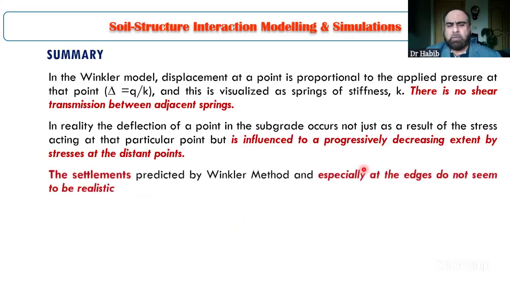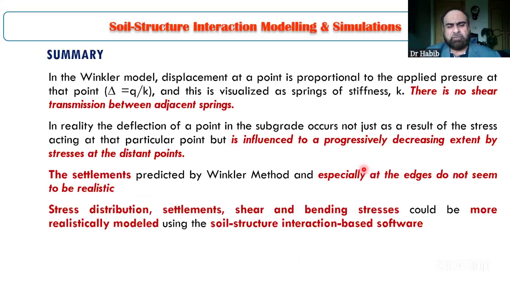The settlements usually predicted by the modulus of subgrade reaction, especially at the edges, do not seem to be realistic. Stress distribution, settlement, shear, and bending moments could be more realistically modeled using soil structure interaction based software. So this is the conclusion.